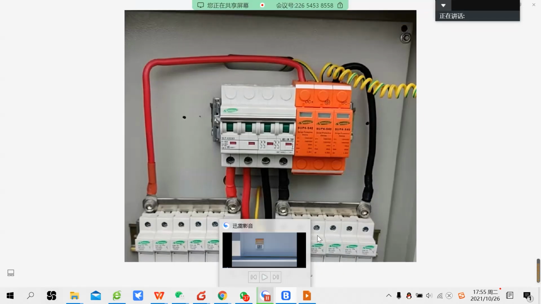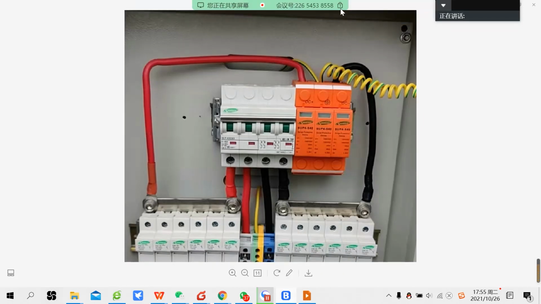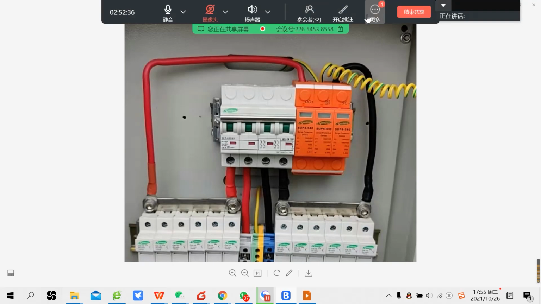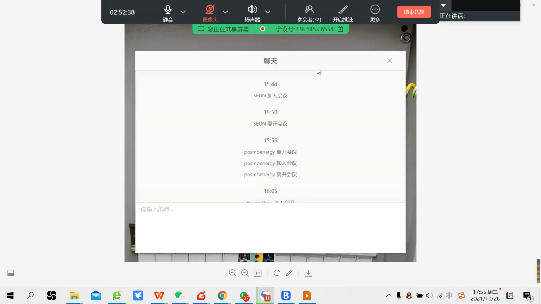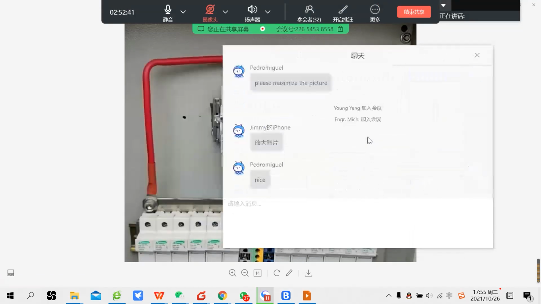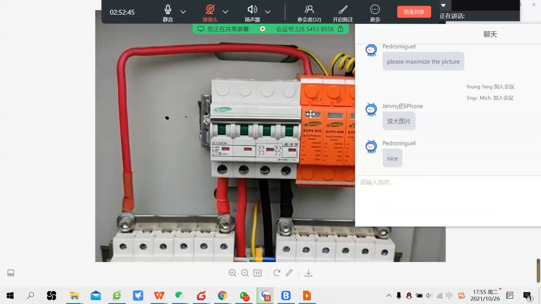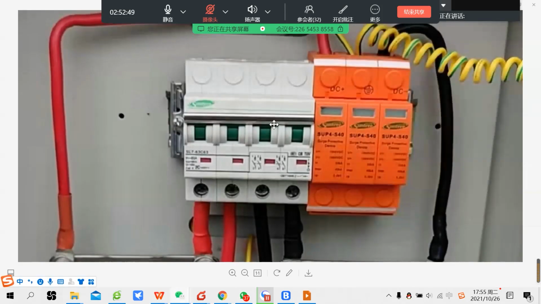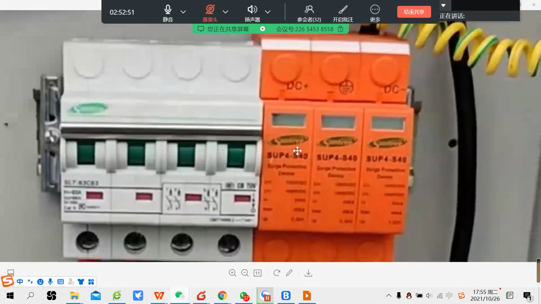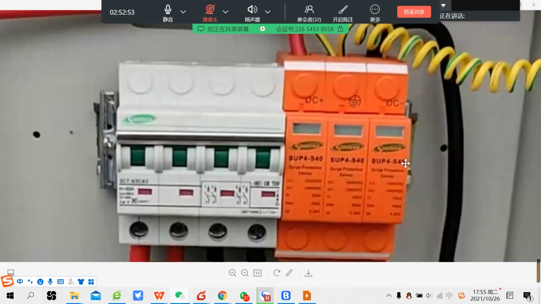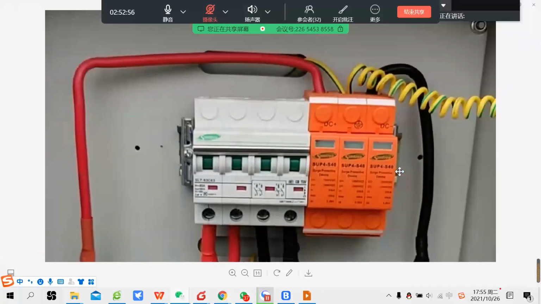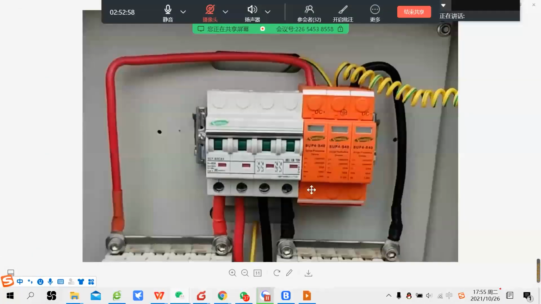Any questions? Can you see now? I think this is better. So you can see here, this is the PV combiner.